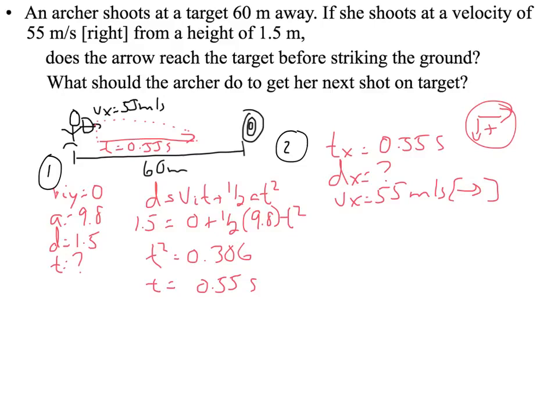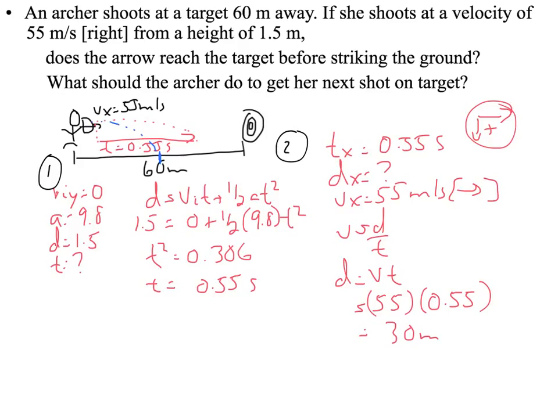V equals d over t. d equals v times t, which is 55 times 0.55, which is 30 meters. So that's how far the arrow actually travels. So the arrow only gets to about right there. Okay. So our real trajectory is more like that.